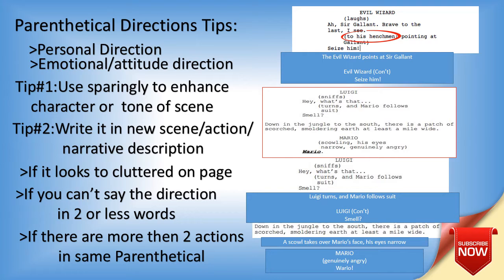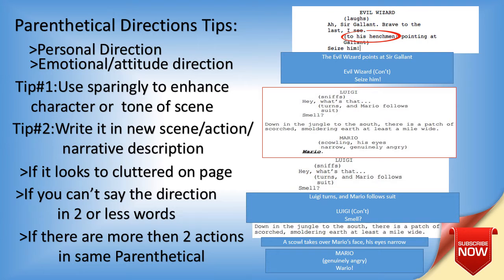So here's some examples of how to cut out the parentheticals or just move them to a whole new scene description. So you have the evil wizard and then that knight, Sir Galahad, they're talking. So the evil wizard, he's laughing. And he's like, ha ha, Sir Galahad, ha ha, brave to the last I see.